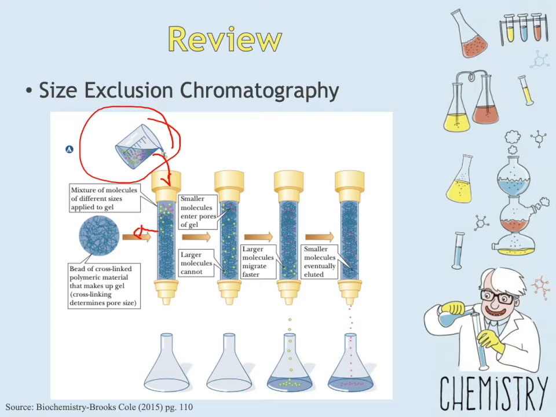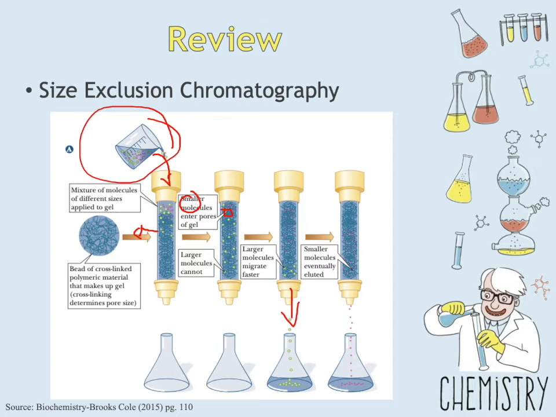This mixture of molecules will then be separated because there will be pores that will be opened to trap the smaller molecules inside, so that the larger molecules will be the first one to migrate faster and be eluted. However, those smaller molecules will be trapped and will be slowly eluted.